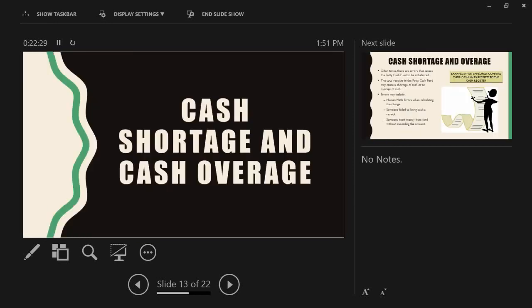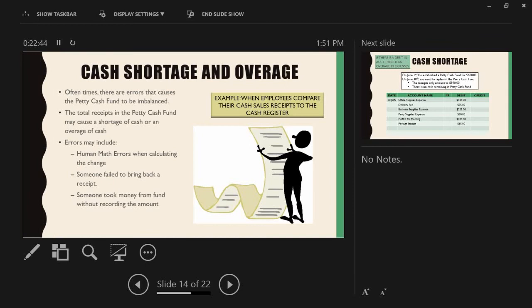Now, the last thing I do want to touch upon a little bit is the difference between a cash shortage and a cash overage. This is involved when you're dealing with a petty cash fund. Oftentimes, if the person that you designated as the petty cash manager is not keeping really good track of the money going in and out of the petty cash fund, then you're going to come up with these shortages and overages.